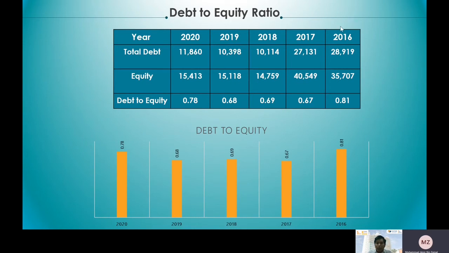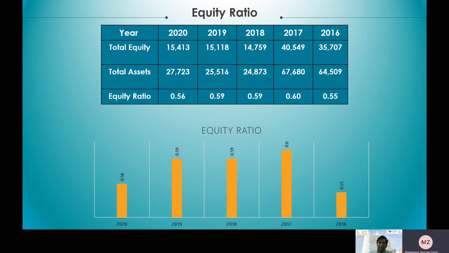Now, lastly, let us go into the equity ratio, which was recorded from 2020, 2019, 2018, 2017, 2016. But first, let us know what this equity ratio is. Equity ratio is a financial metric that measures the amount of leverage used by a company. It uses investment in assets and the amount of equity to determine how well a company manages its debt and funds its asset requirements.